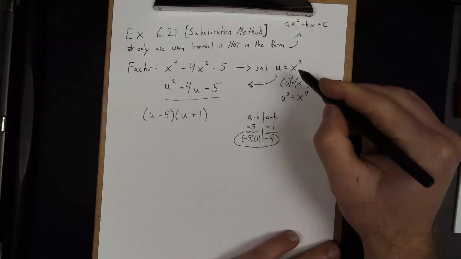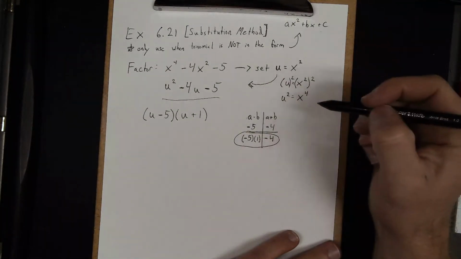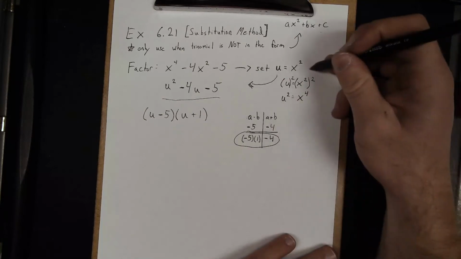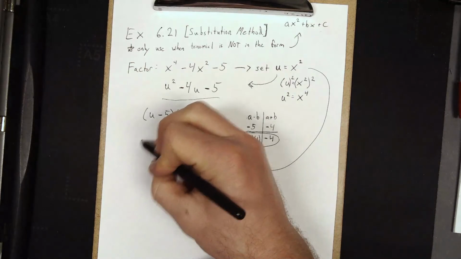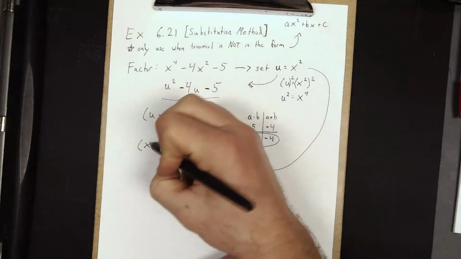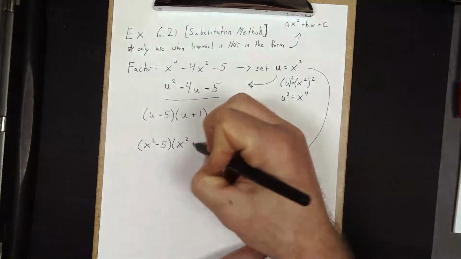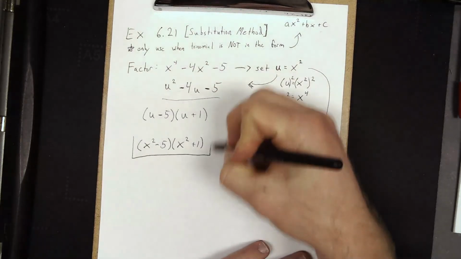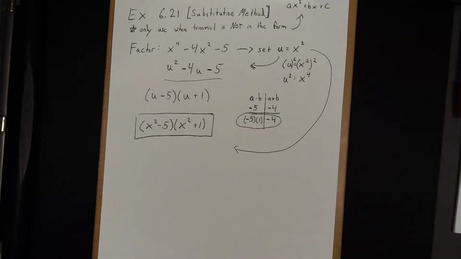We need to plug in our x squared back into our equation everywhere we see a u. So let's do that. You end up with x squared minus 5, x squared plus 1 for our final answer. You could multiply that out to check. We're not going to do it.